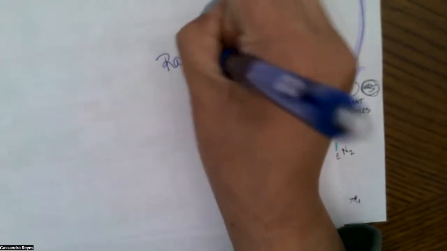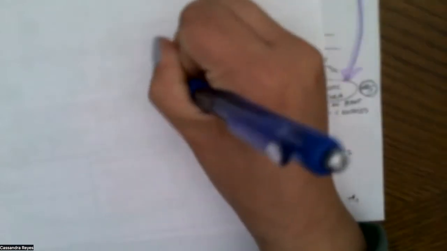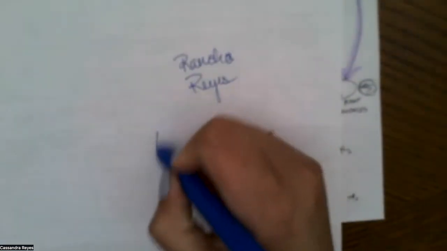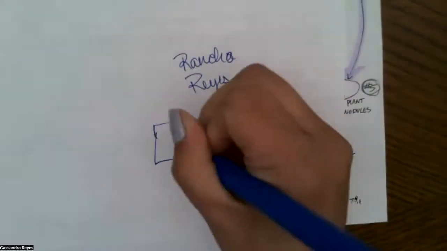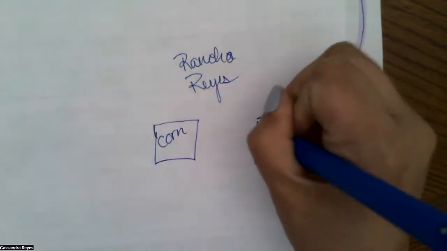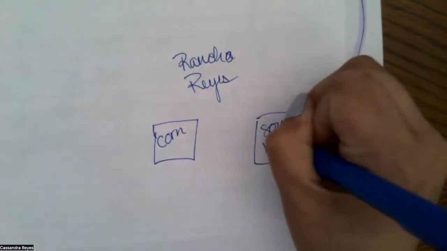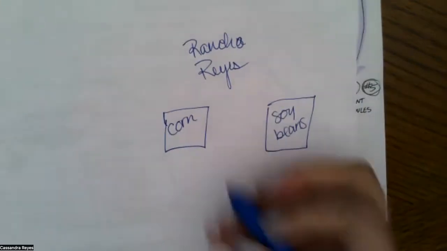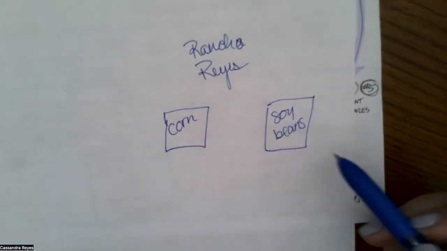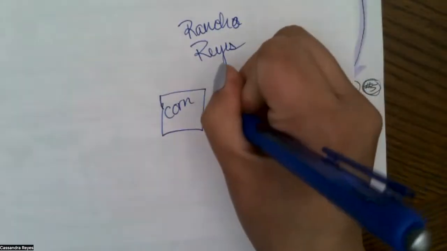Okay, so let's pretend we're over here at Rancho Reyes, and on my land I've got 2 plots. One has corn and one has soybeans. All right, so what this question is saying is that in year 1, I have it set up like this.